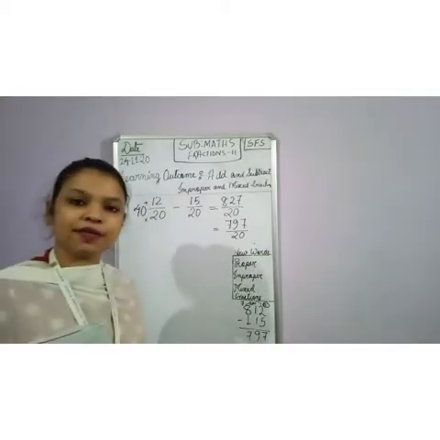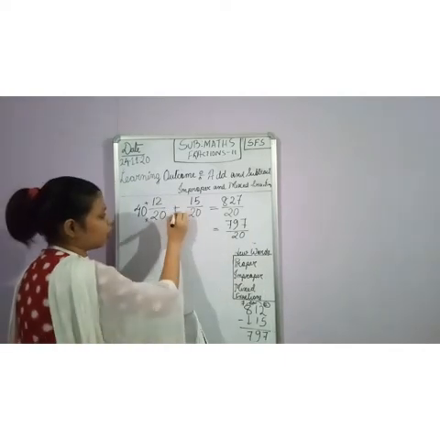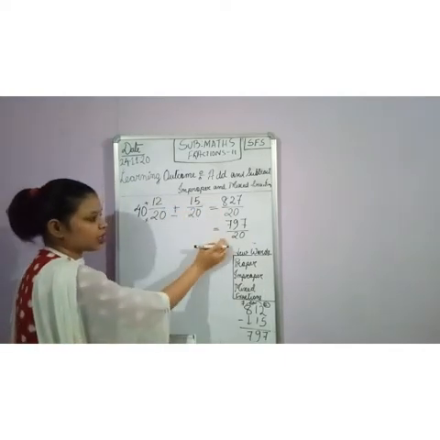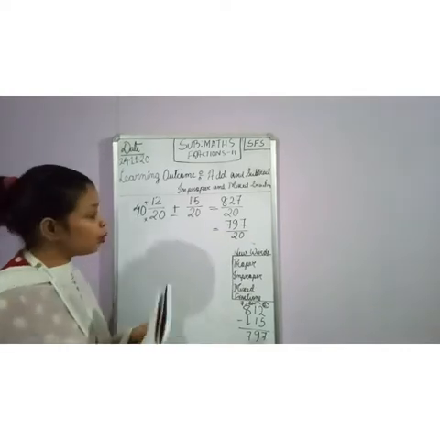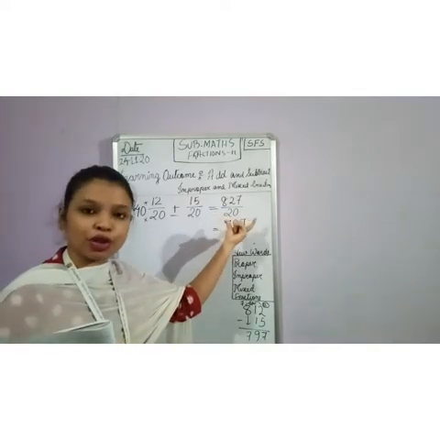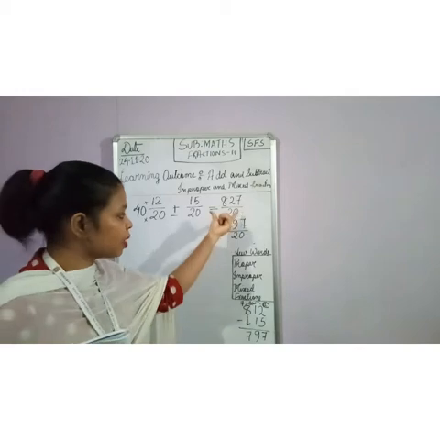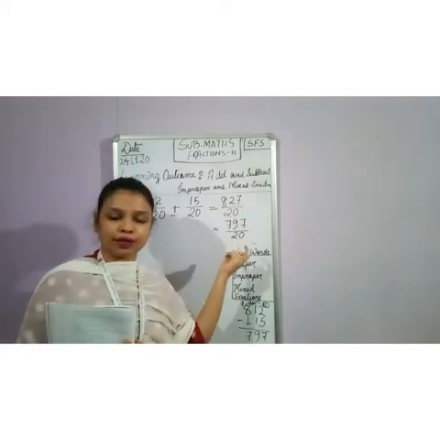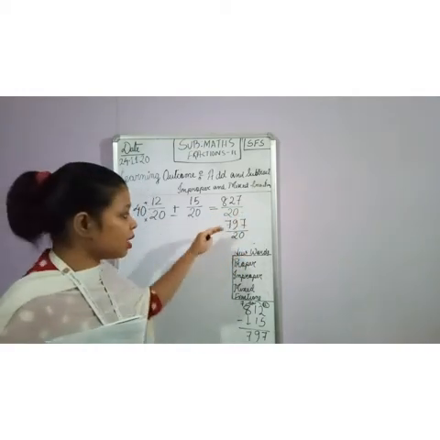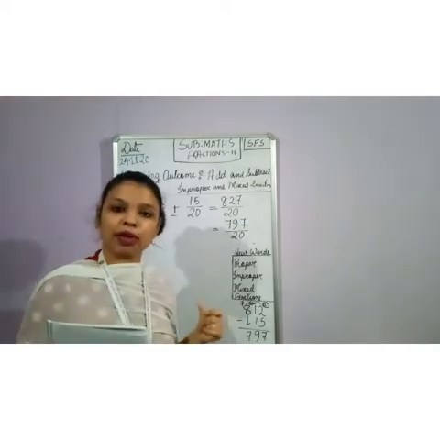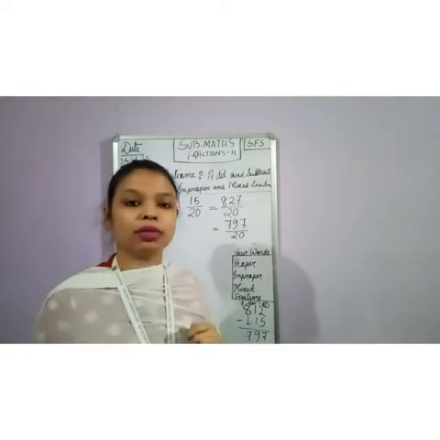Now children, after adding we got this answer and by subtracting we got this answer. Both of these fractions, this one I have already shown you how to convert back into a mixed fraction. This also you can convert back into a mixed fraction by dividing the number. Then you will get a quotient and a remainder.